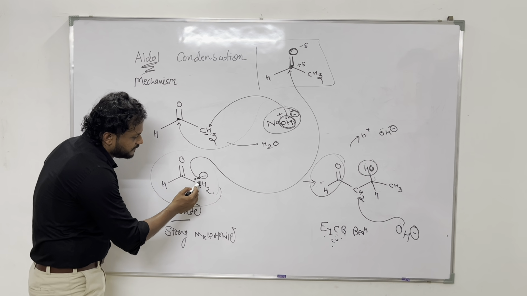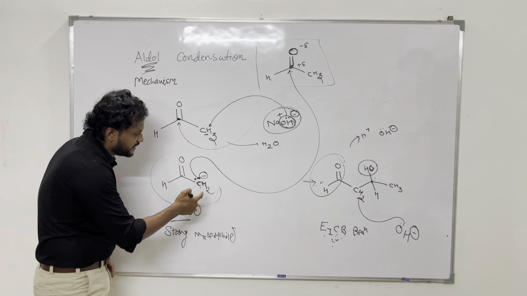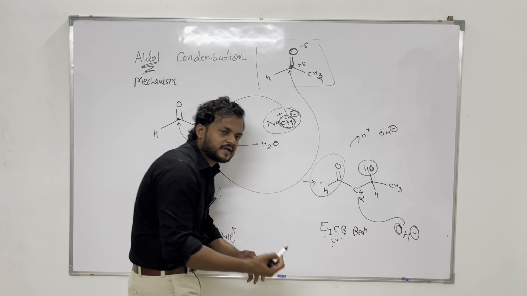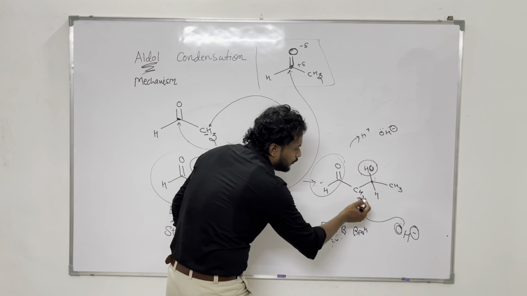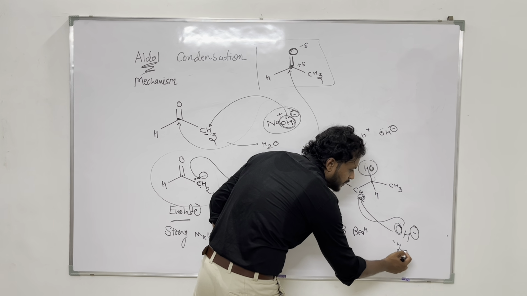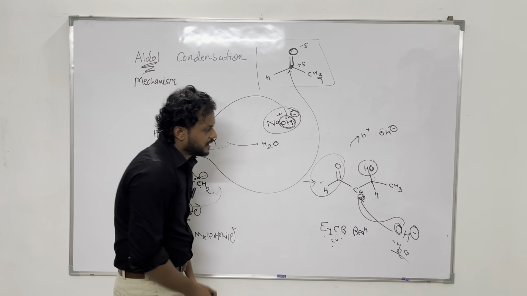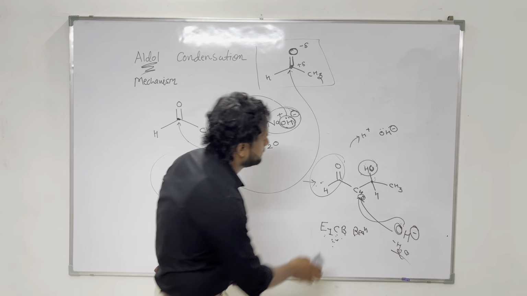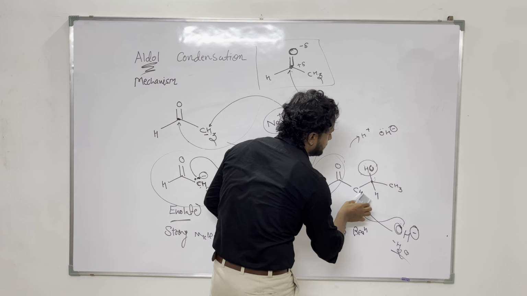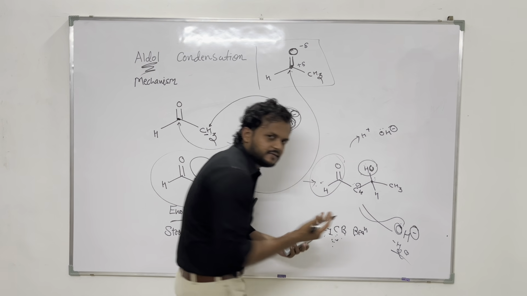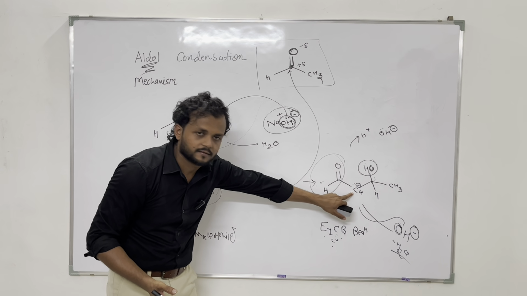First there were three alpha hydrogens, right now two, and now one more is being abstracted by that hydroxide. One proton goes with it and forms H2O, and again there is formation of enolate ion.